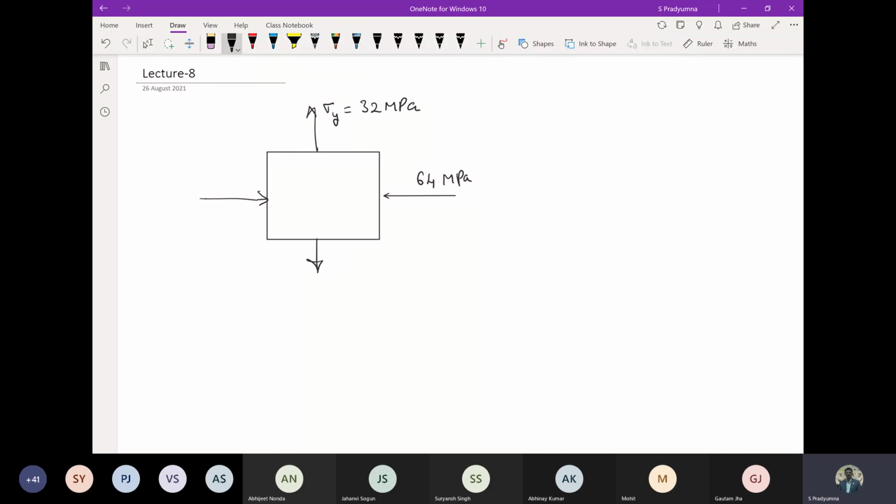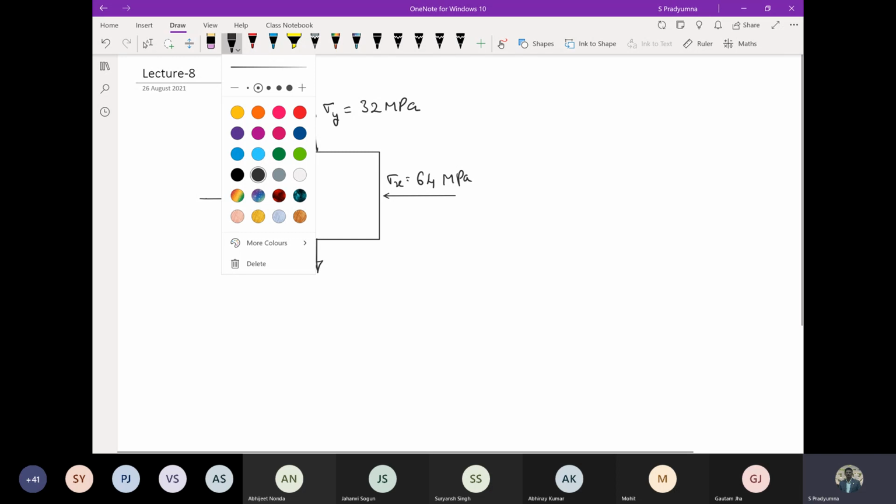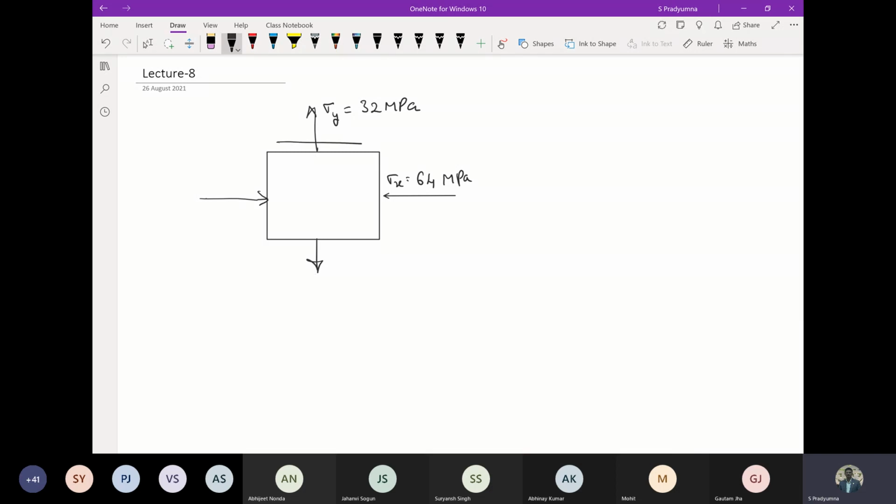Sigma x is compressive, and we also have tau xy. Tau xy is in this direction, and it is equal to 20 megapascal.